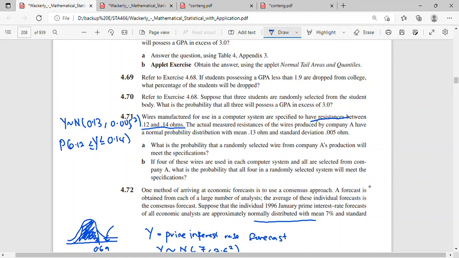Okay, so sekarang ni dia nak cari probability of X equal to 4, meet the specification. Okay, so let's say X ni adalah number of wires meet the specification.